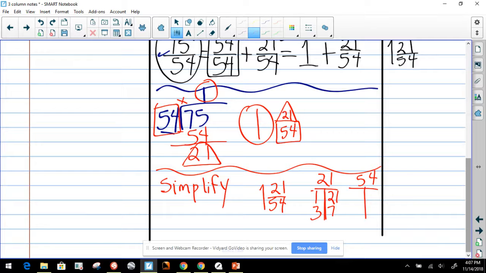Now we're going to look at 54. We say that 2 times 27 equals 54. Now, would the 3 go into it? Well, let me check.